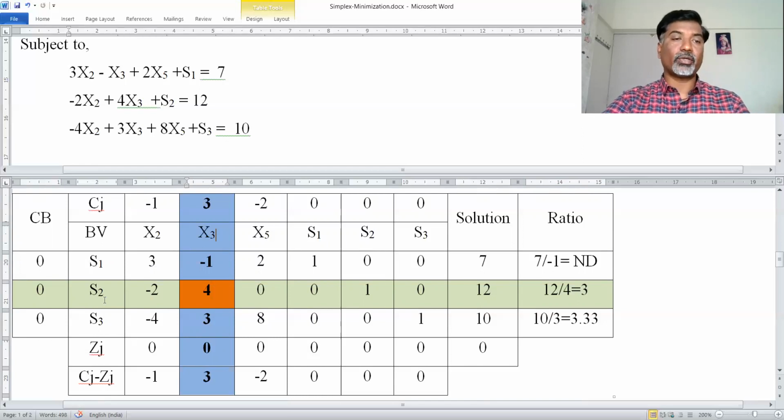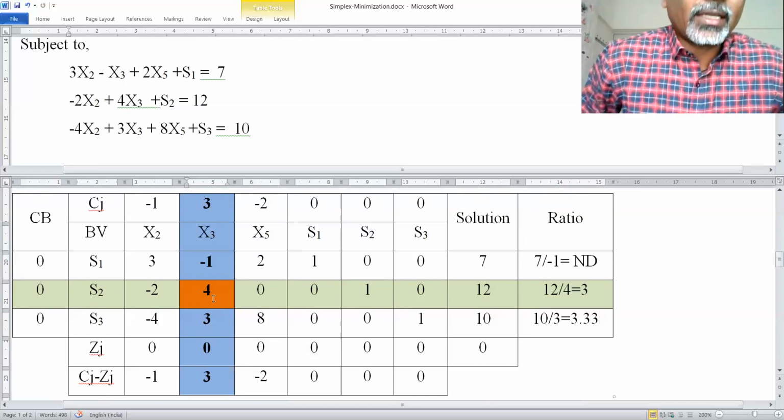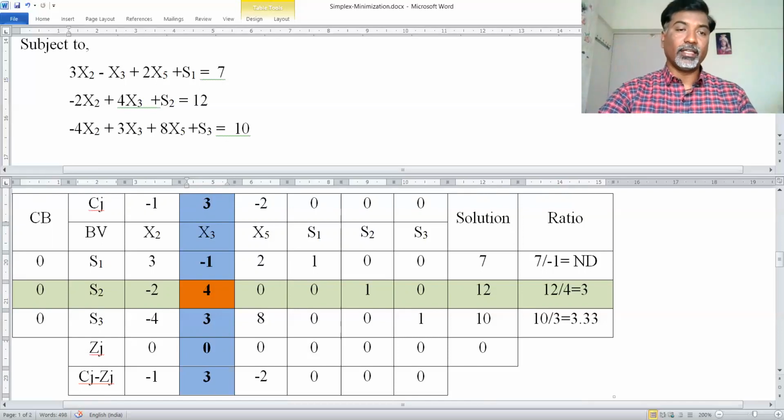So in the next step, we have to remove this S2, and in the place of S2 we have to add x3 and the coefficient of x3. Getting? So how did we identify key column or key row? In case of key column, we compared all Cj minus Zj values. The one whose Cj minus Zj value is maximum, that column is called the key column.